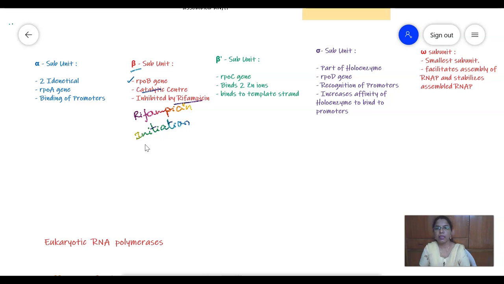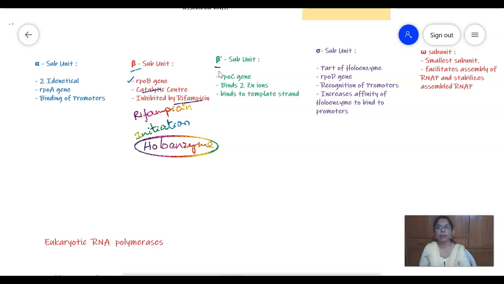That means it inhibits the RNA polymerase holoenzyme but not the core enzyme. When rifampicin is added, it inhibits the RNA polymerase holoenzyme only, but not the core enzyme.